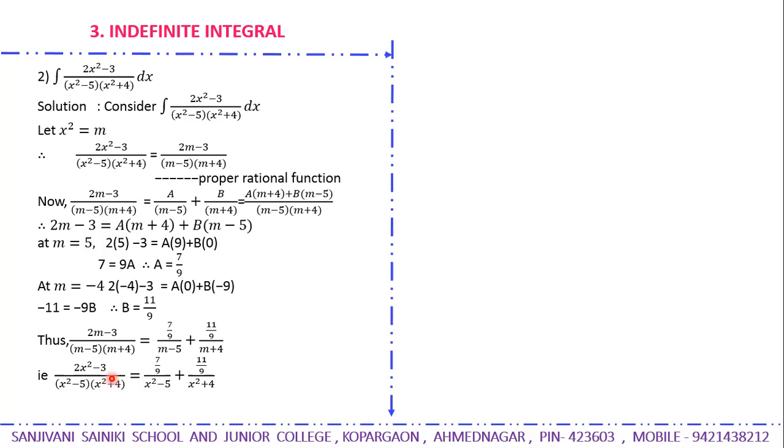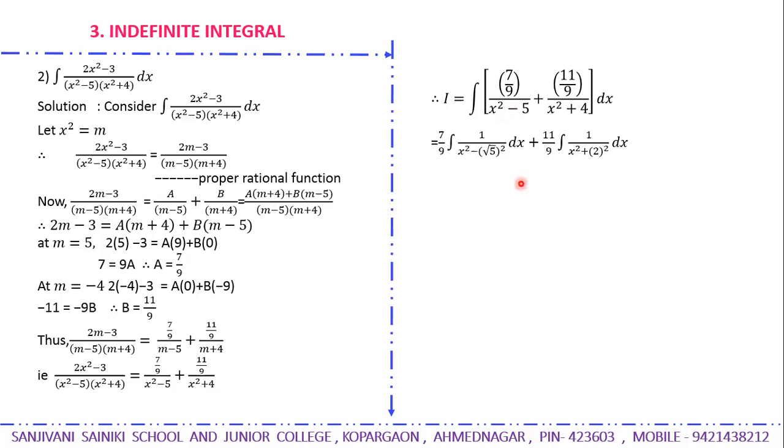So again, put the value x square. You get (7 upon 9) divided by (x square minus 5) plus (11 upon 9) divided by (x square plus 4). So take its integral. 1 upon (x square minus a square), its integral is given by 1 upon 2a log of (x minus a) upon (x plus a), and 1 upon (x square plus a square) is 1 upon a tan inverse of x by a plus c.